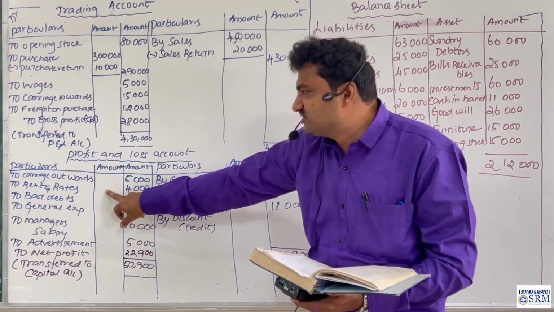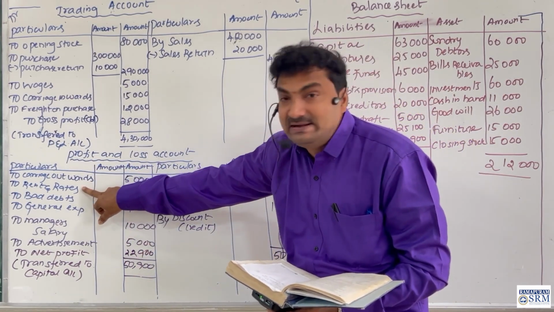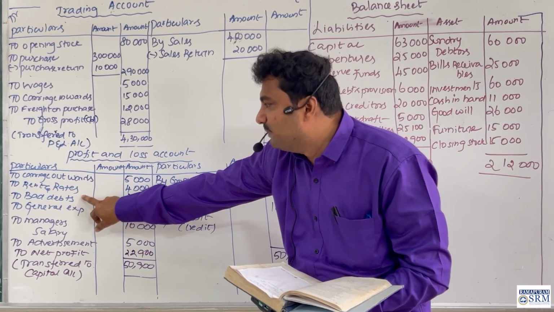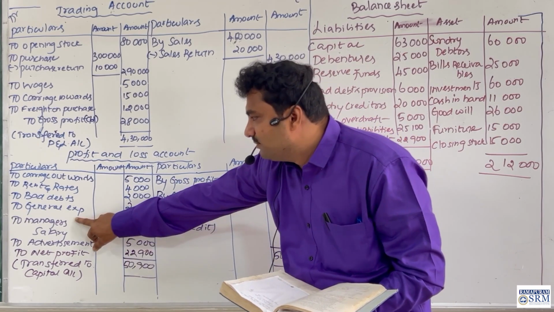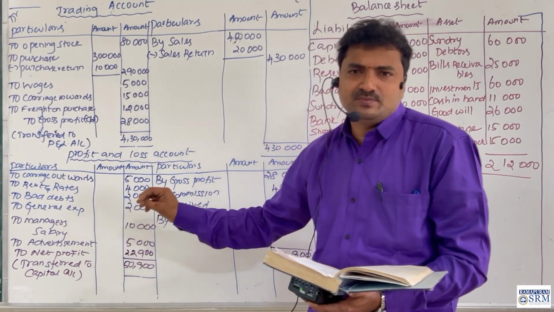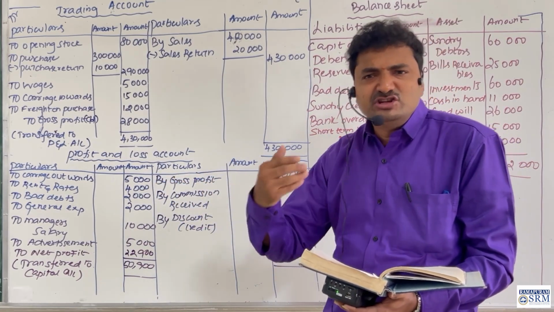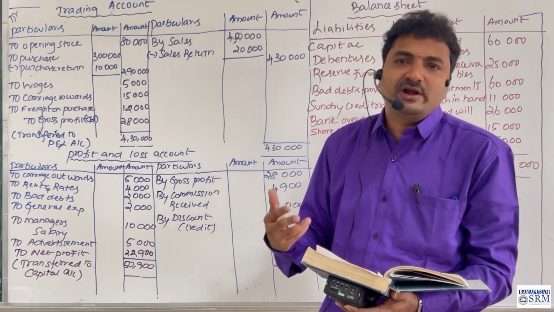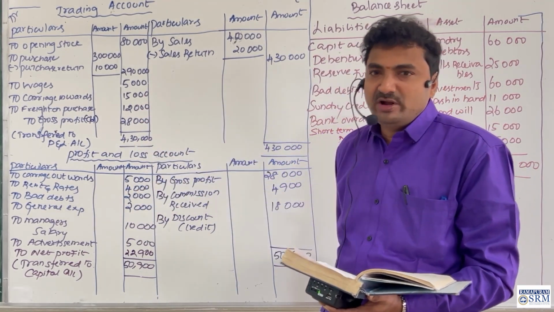There are some expenses that I have put on the debit side: rent and rates, bad debts, general expenses, manager salary, advertisement. These are some simple expenses I have put. Apart from that, I will tell you the list of expenses you need to input in the trading account debit side as well as the profit and loss account debit side.